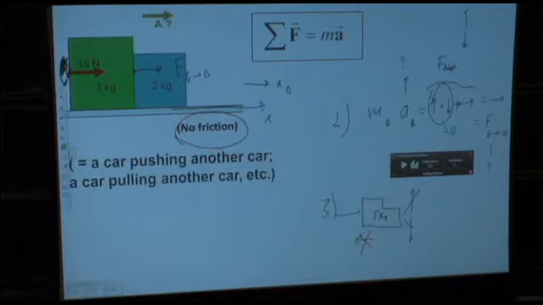There's only one force which is responsible for the acceleration of the whole system. And if you write Newton's law now, we should write 15 newtons has to be equal to 5 kilograms times the acceleration of the whole system. And the acceleration of the whole system will be equal to 15 over 5, 3 meters per second squared.